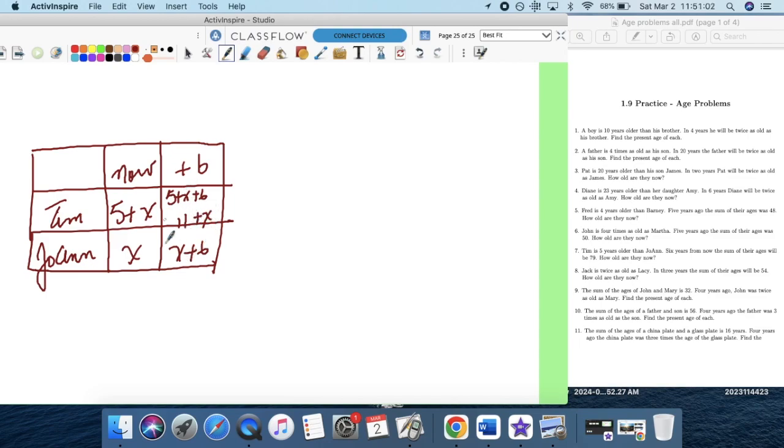So now we're going to use that information. It says 6 years from now, the sum of their ages will be 79. So if I add Tim's age, which is 11 plus x, and Joanne's age, which is x plus 6, that's going to equal 79. Doesn't get easier. x and x is 2x. 11 and 6 is 17. Equals 79.